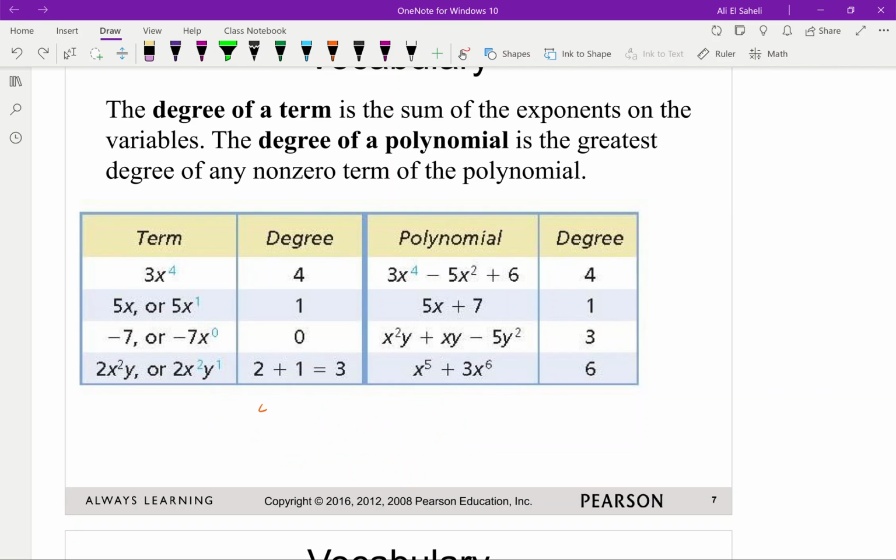The second one, this is a polynomial, 5x plus 5. The leading term, the term with the highest degree, is 5 times x to the power 1. So the degree is 1. So this is a polynomial of degree 1.